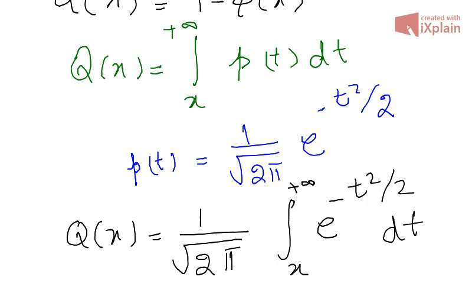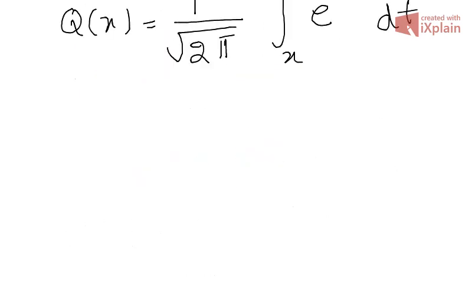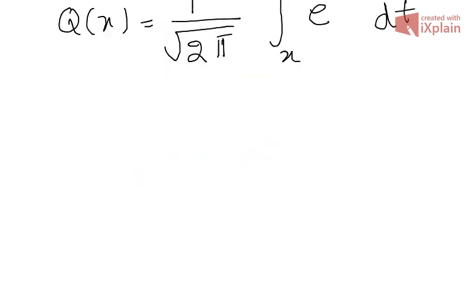This is known as the complementary cumulative distribution function, because instead of the left tail probability, it gives you the right tail probability.